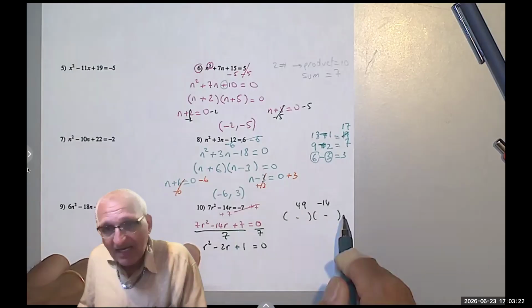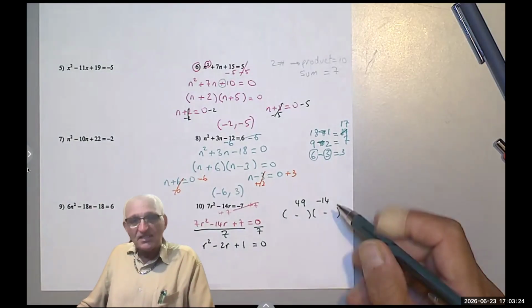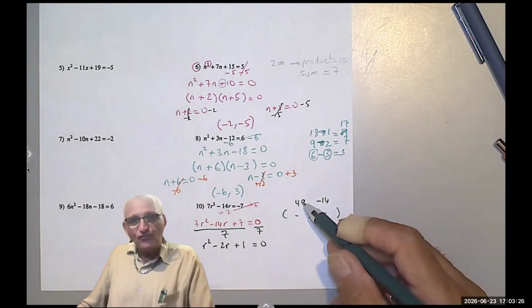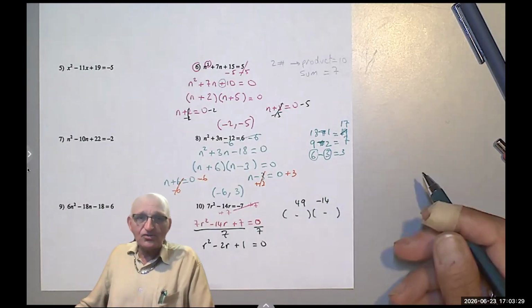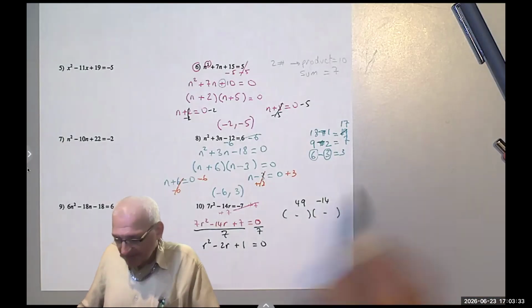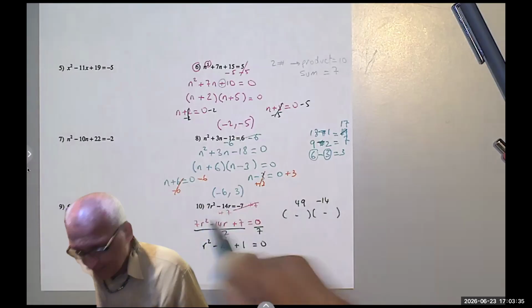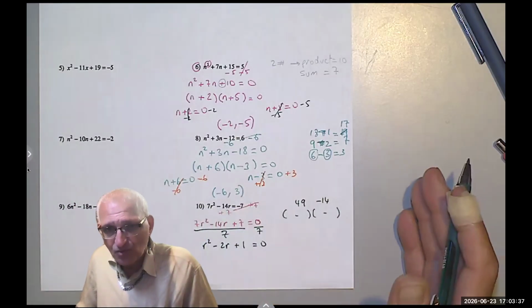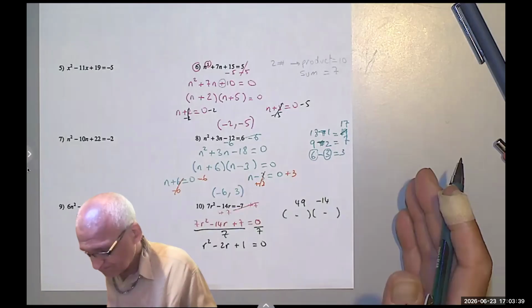So both are negative. And then I try to find two numbers that multiply to 49 and add to negative 14, which is negative 7 and negative 7. But if I see that I can simplify by 7, I wouldn't need to do any of that.